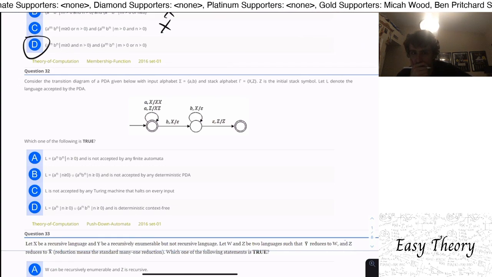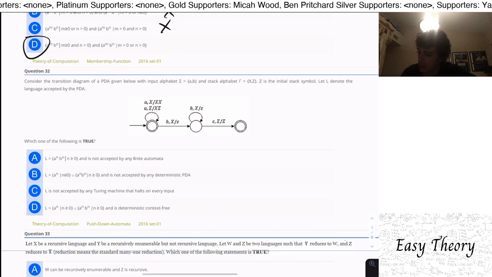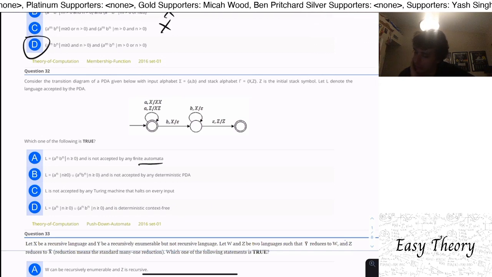Let's see. I'm not sure what any finite automata means. I think that just means DFA or something.